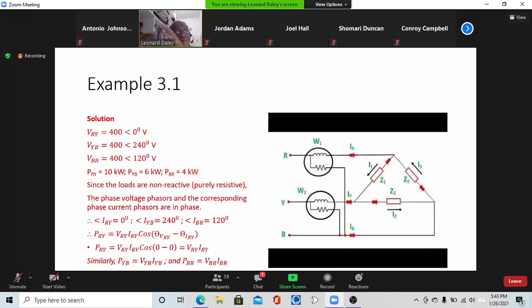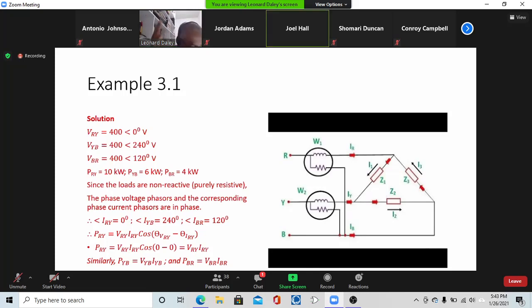So for example, VRY is the voltage phasor for the red-yellow phase, and IRY would be the current phasor for the same red-yellow phase. Now when the load in the red-yellow phase is purely resistive, then VRY and IRY are going to be in phase.